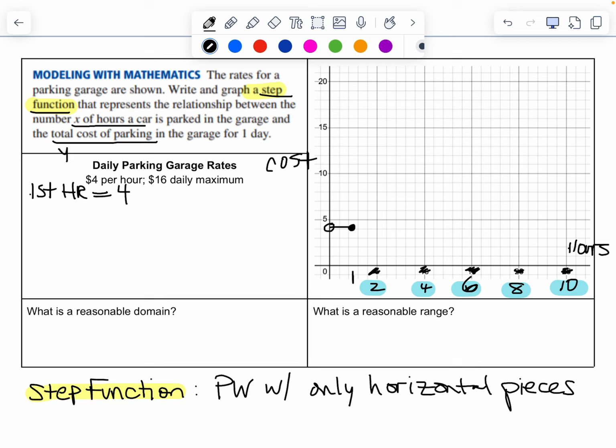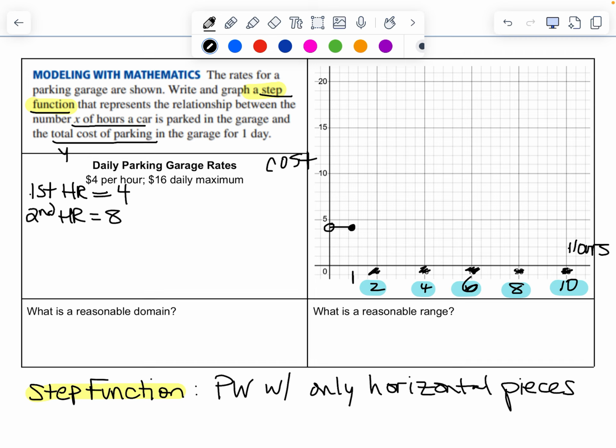The second hour is 8. That means that once I pass that 1 hour mark, it's going to cost me $8. So unfortunately, if you're there for an hour and 1 minute, it's $8. An hour and 15 minutes, $8. An hour and 30 minutes, $8. An hour and 45 minutes, and so on.